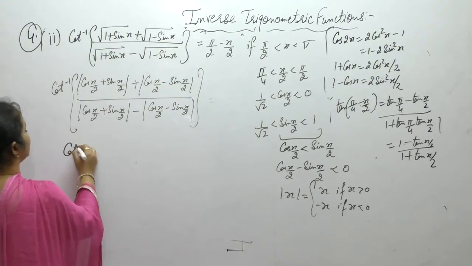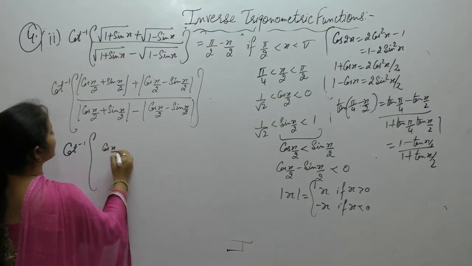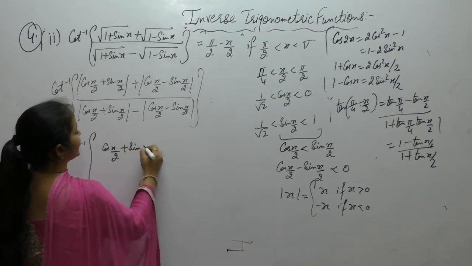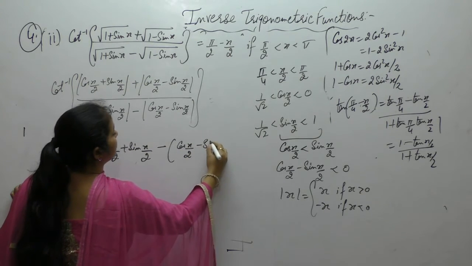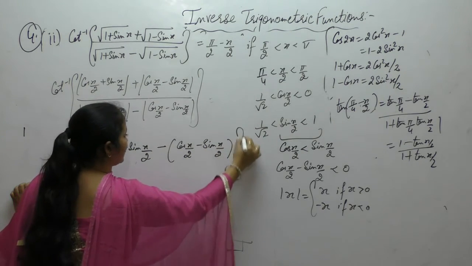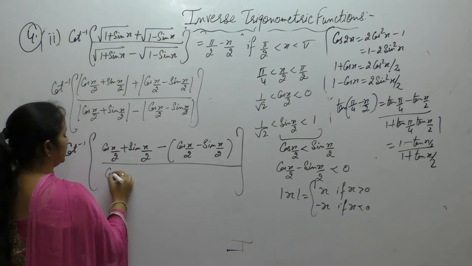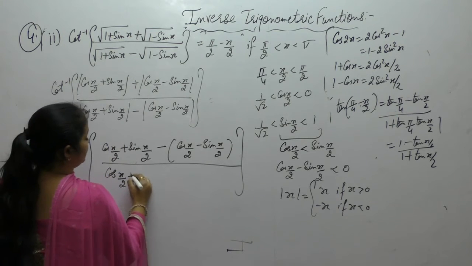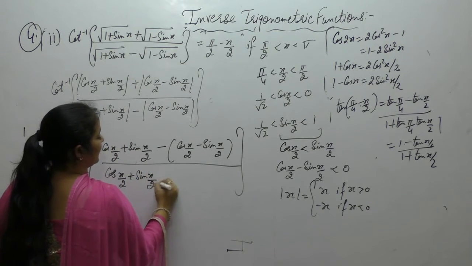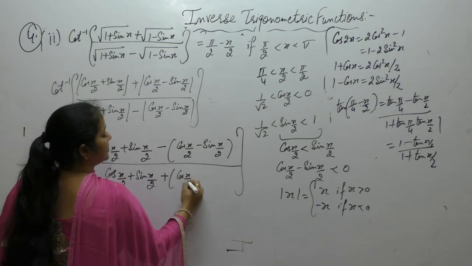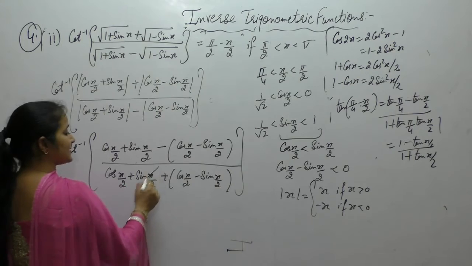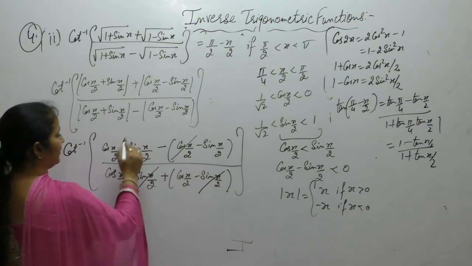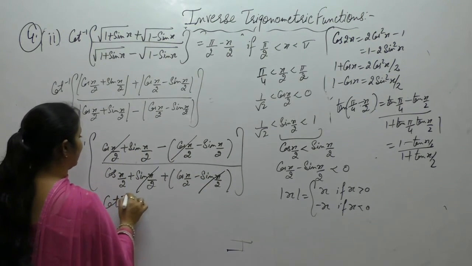So cot inverse of cos x by 2 plus sin x by 2 minus cos x by 2 minus sin x by 2, upon cos x by 2 plus sin x by 2 minus minus plus cos x by 2 minus sin x by 2. Here sin will get cancelled and in the numerator cos will get cancelled.